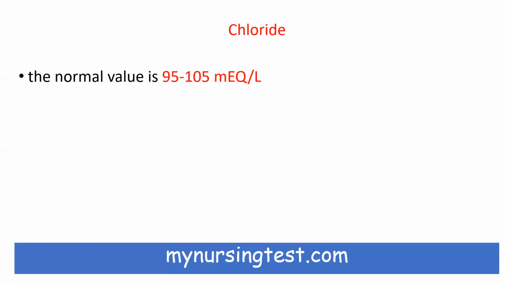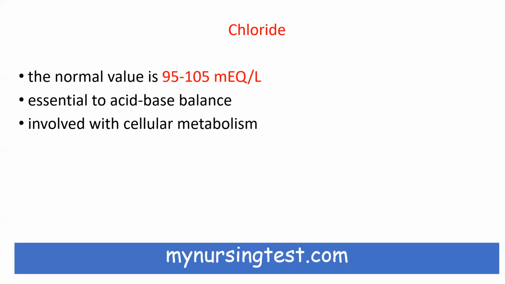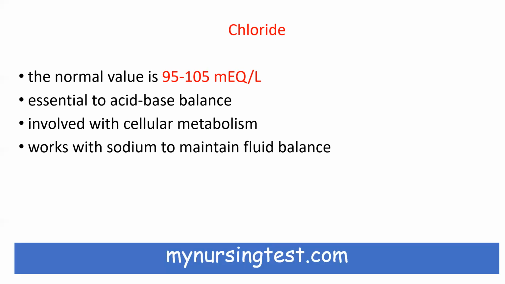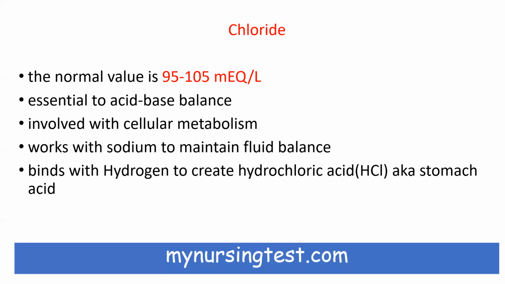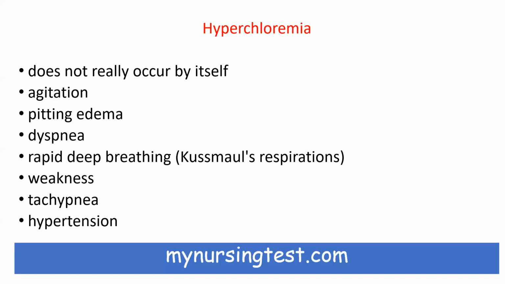Chloride. The normal value is 95 to 105, and it's essential to acid-base balance. It's involved with cellular metabolism, it works with sodium, and it binds with hydrogen to form hydrochloric acid, which is our stomach acid. Hypochloremia. You do not see alterations in chloride unless there is something else happening in the body.